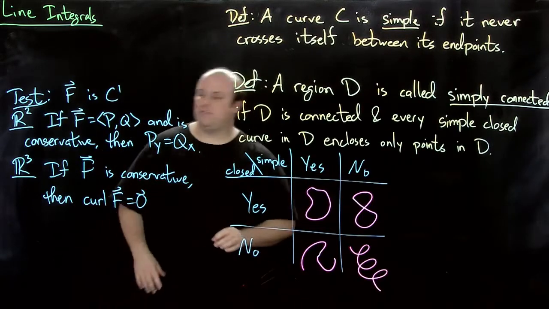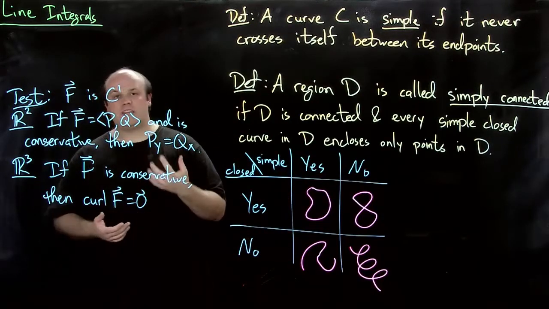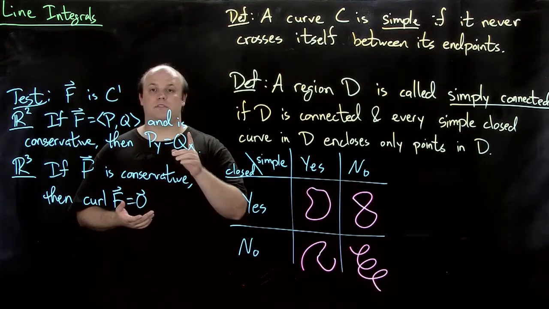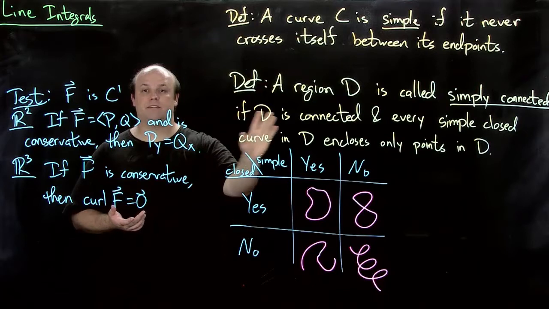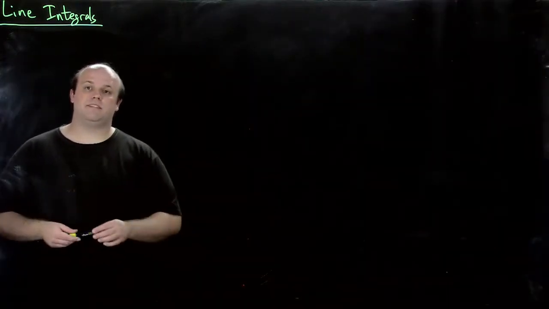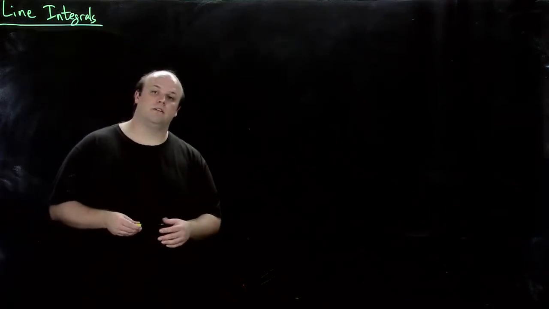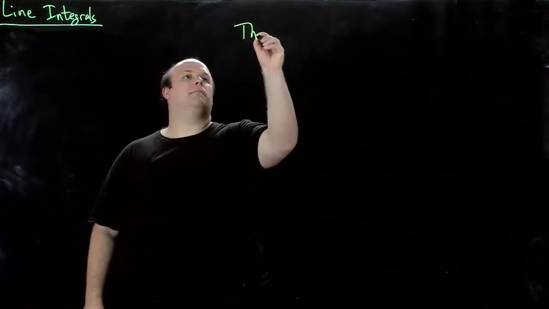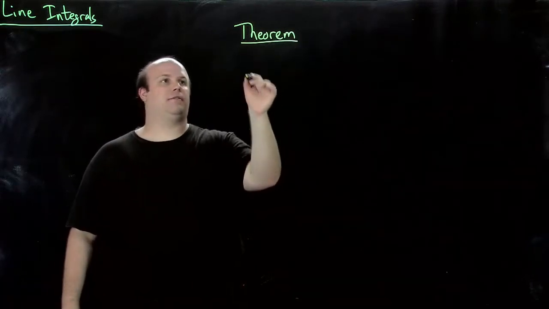So with those two things, we can now state a theorem, which allows us to check, given a vector field, when it is conservative, right? The theorem comes in two parts, a 2D and a 3D part.